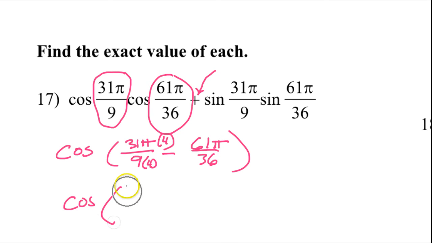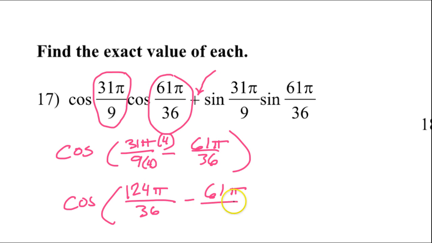So this is going to be 124 pi over 36 minus 61 pi over 36.